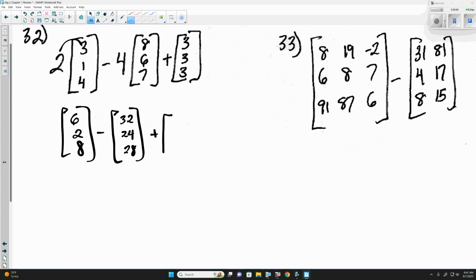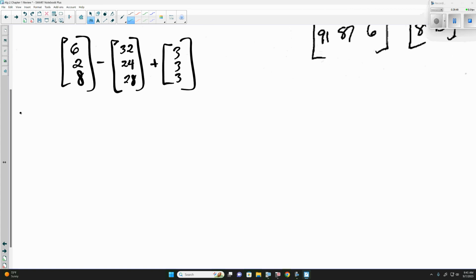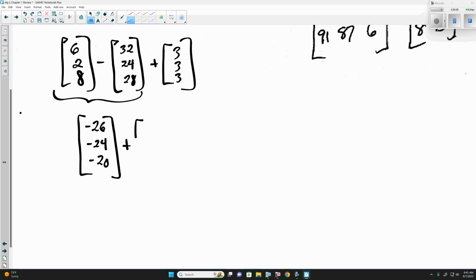And the last thing we have is plus our 3, 3, 3. Now at this point here, we can subtract the first 2. So 6 minus 32 is -26. 2 minus 24 is -24. And 8 minus 28 is -20.